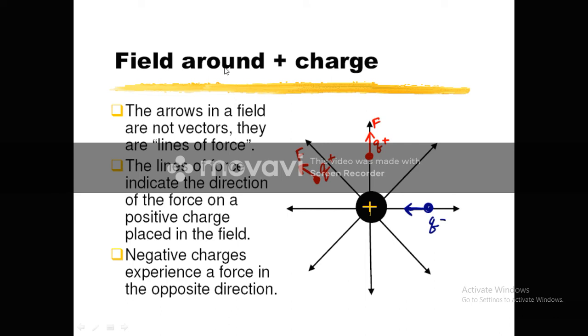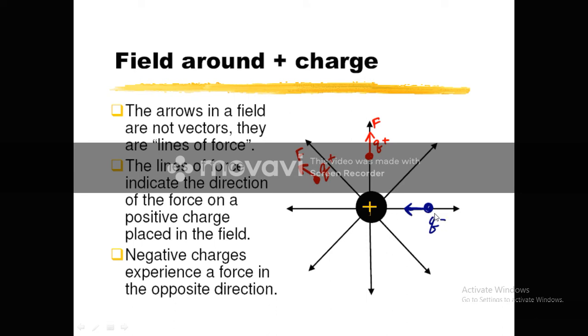So field around plus q, this is the source charge plus, and we have taken the test charge plus q. So this test charge will experience the force in the direction of the electric field. Okay, and if we have taken the negative charge, then it will attract, so it will be just like that.